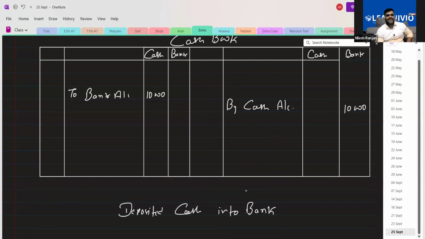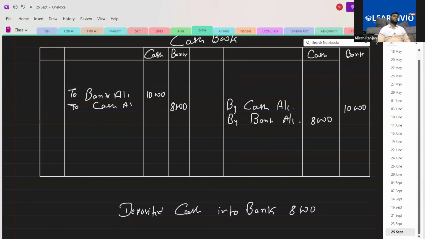So in the bank column we will write, let's say, 8,000, and 8,000 in the cash column. Again, in the bank column it is to cash, and in the cash column it is by bank, the opposite. It is that simple. Yes, the confusion is clear now.